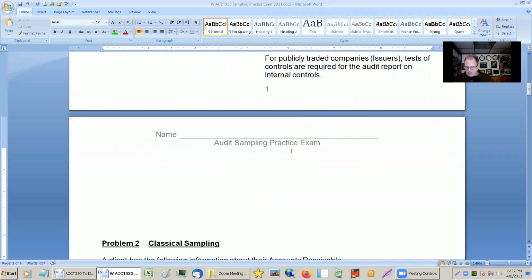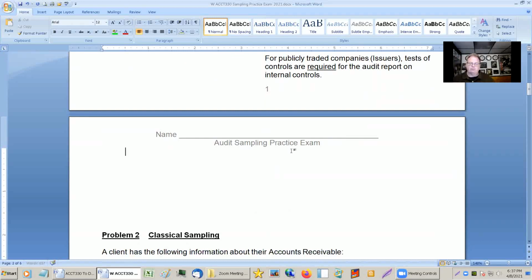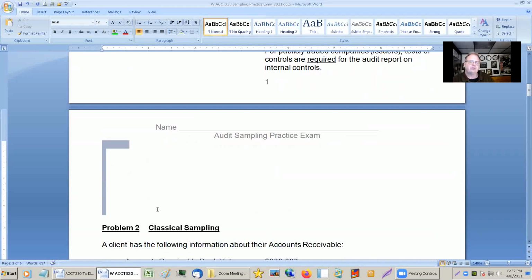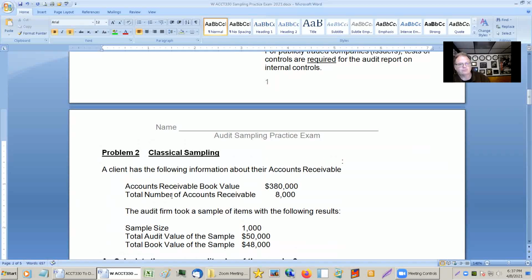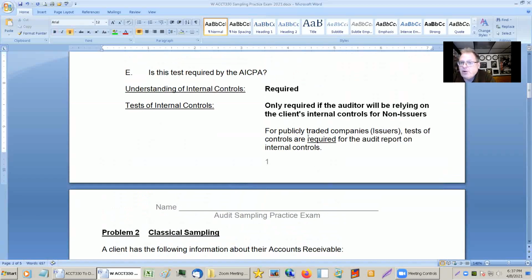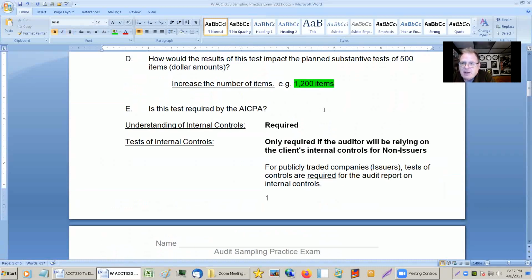Okay, so testing controls are kind of what they say. Just testing the controls. You do not find material misstatements doing tests of controls. They're just yes, no tests.